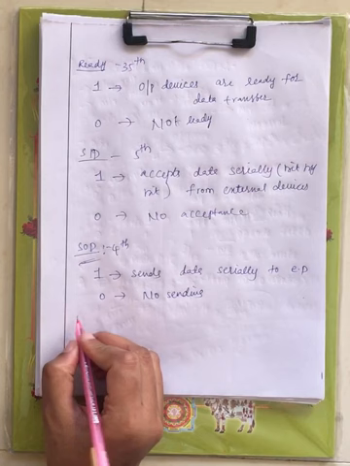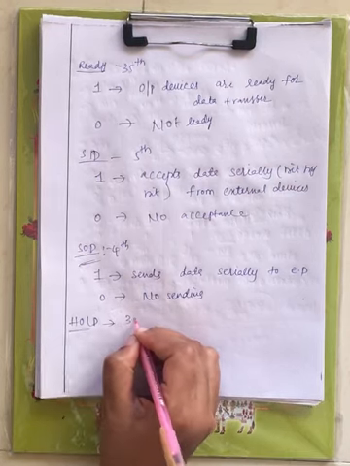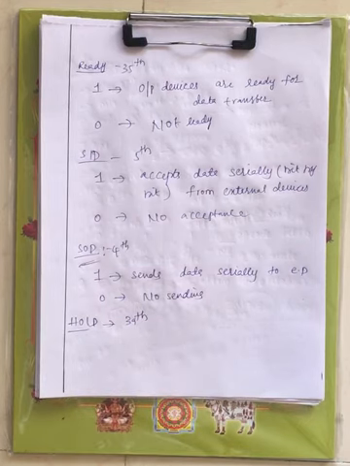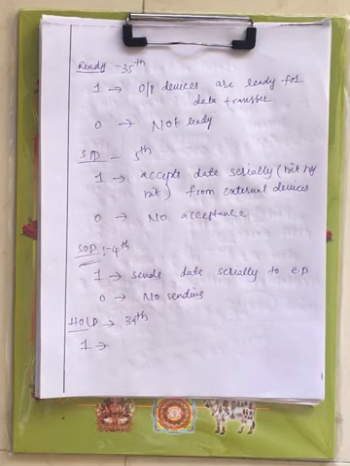Now coming to the next signal, hold. This is provided at the 39th pin. When this signal is 1, it indicates that another device, it may be any device, is requesting the use of the address bus, data bus or control bus.